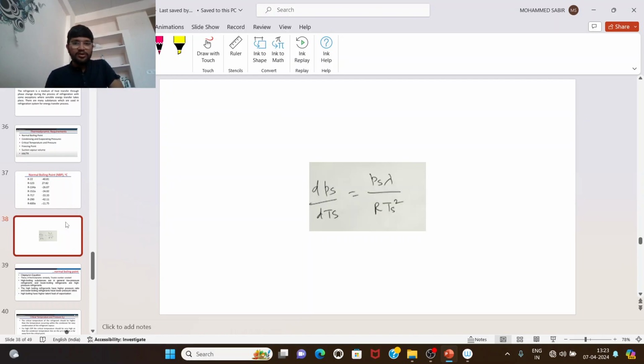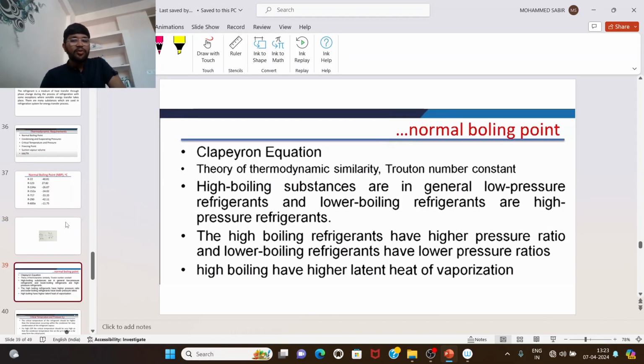dP/dTs is equal to Ps lambda / (R Ts squared). Basically, it relates the pressure and latent heat. This is the Clapeyron equation, like the theory of thermodynamic similarity. High boiling substances are in general low pressure refrigerants, and low boiling refrigerants are high pressure refrigerants.